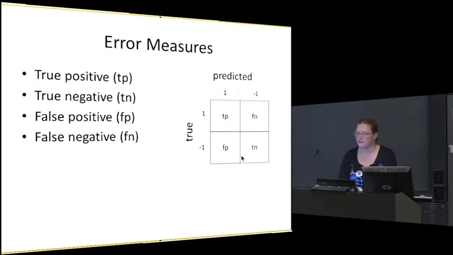If it's not a face and the classifier also says it's not a face, it's a true negative. And then I have the two errors. Either it's not a face and the classifier says it would be one, then I have a false positive, or it is a face and the classifier doesn't find it, then I have a false negative. So in a binary classification problem, I have these four possible outcomes.